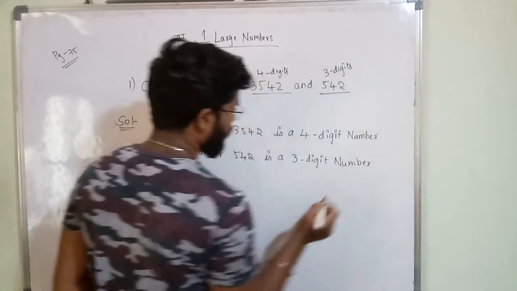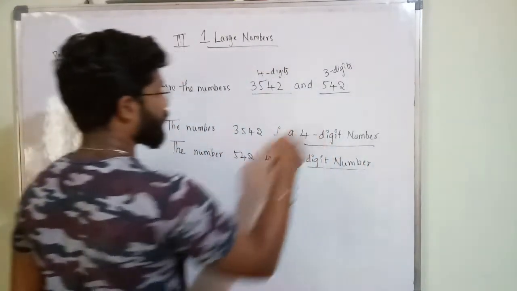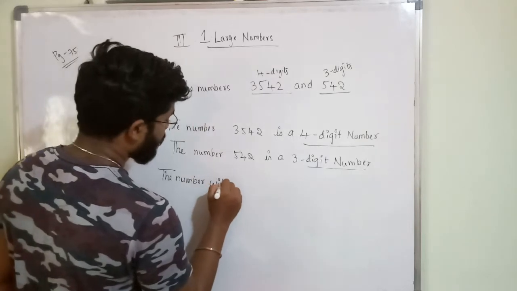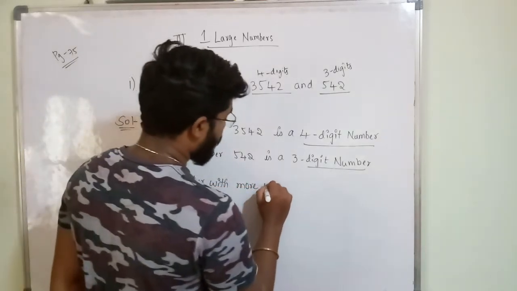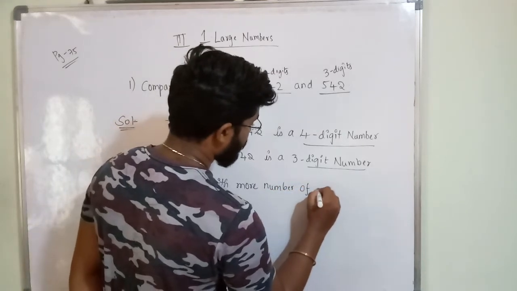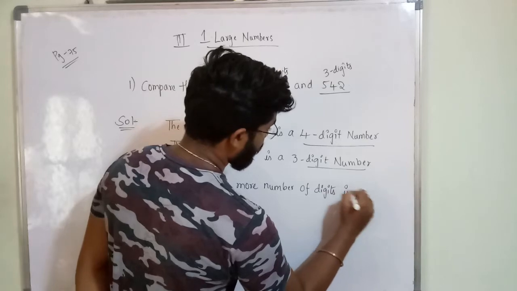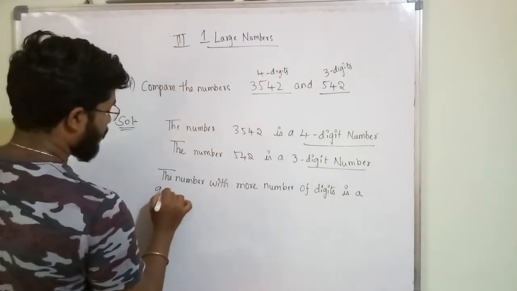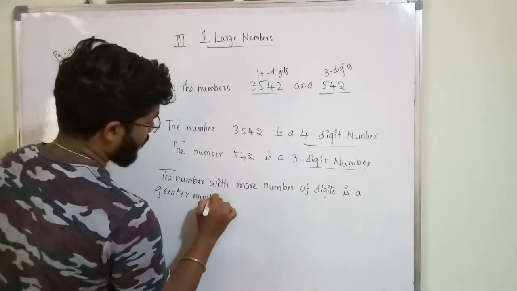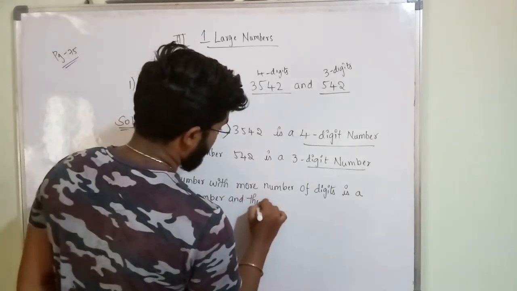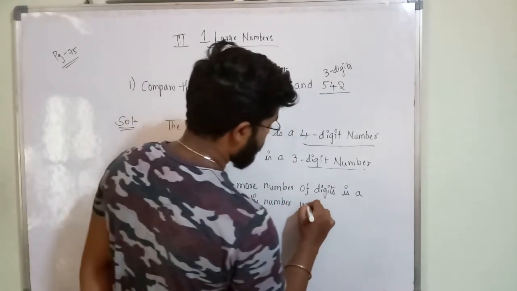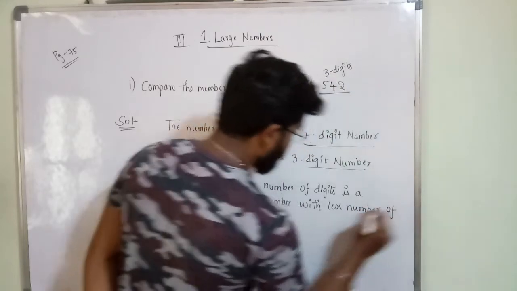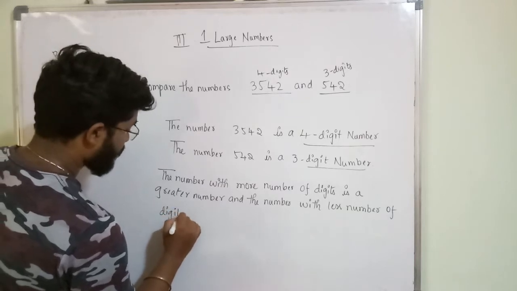The number with more digits is a greater number, and the number with fewer digits is a smaller number.